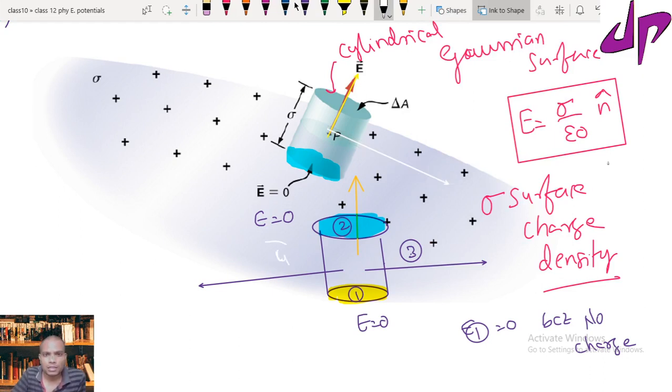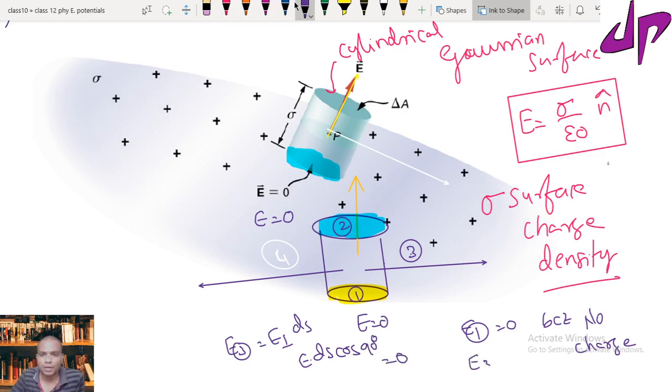On side 3, the electric field is perpendicular to the curved surface area, so E dot ds is E ds cos 90 degrees, which becomes 0. Therefore the electric flux on the third surface and on the fourth surface also becomes 0.